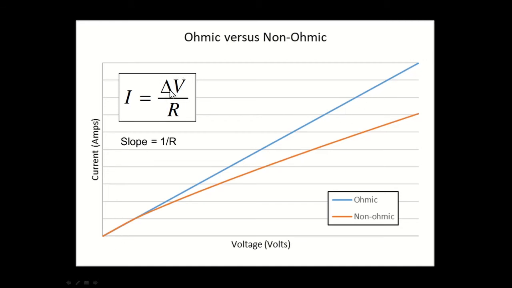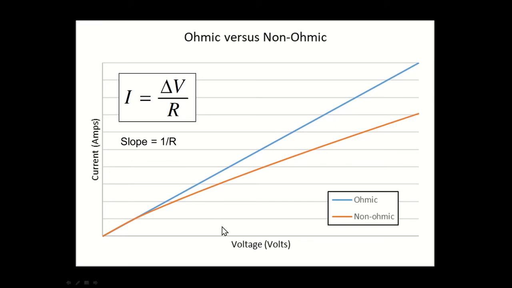Now, if we graph voltage on the x-axis and current on the y-axis, the slope of that line is going to be 1 over the resistance. So for an ohmic resistor, if I doubled the voltage, I would also double the current.